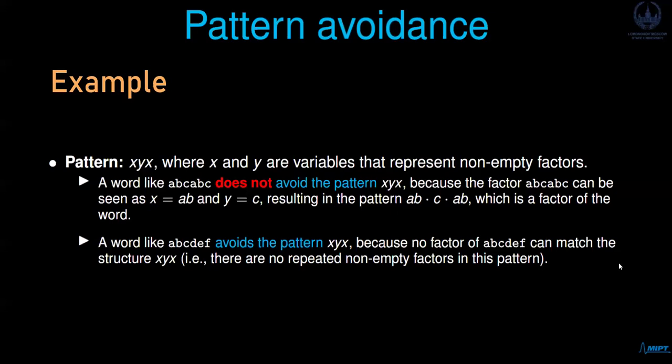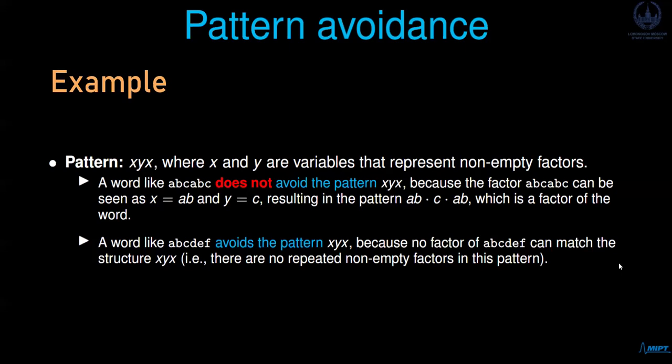To clarify the concept of pattern avoidance, let's look at a specific example with the pattern XYX, where X and Y represent non-empty factors of a word. First, consider the word ABCABC. This word does not avoid the pattern XYX. Why?